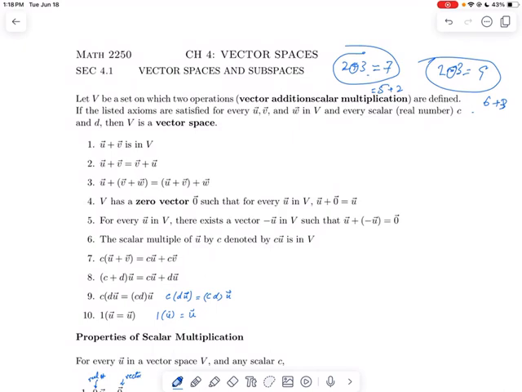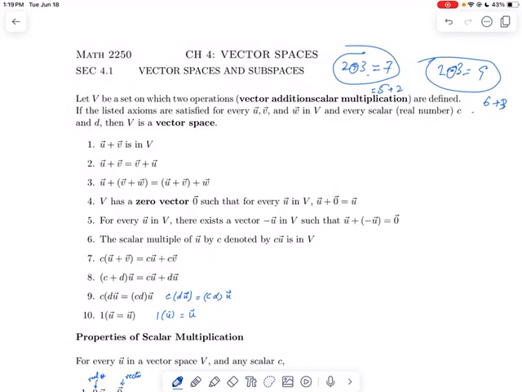Okay, and this should work for any vector in the set. Now, we will be calling polynomials vectors. We will be calling matrices vectors and a bunch of other things.